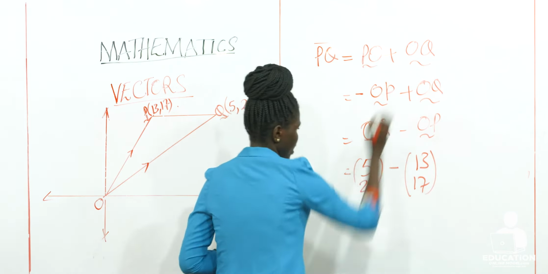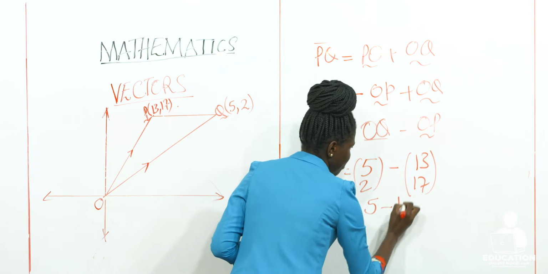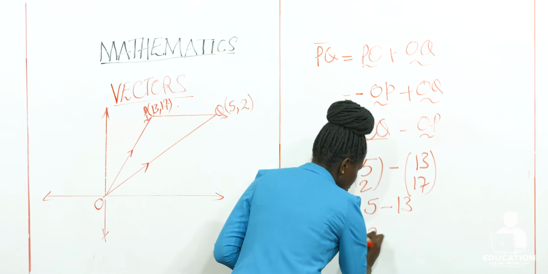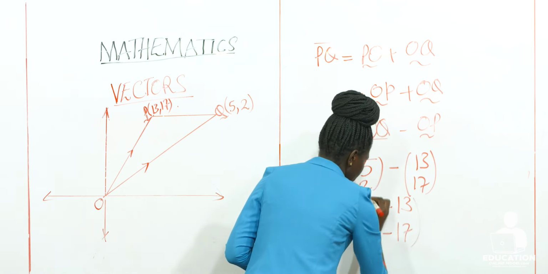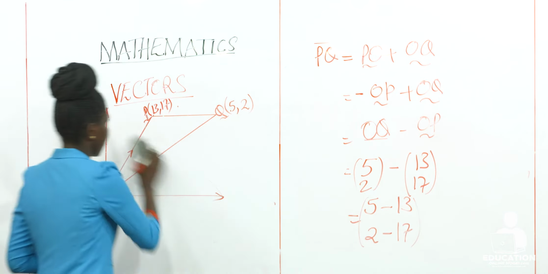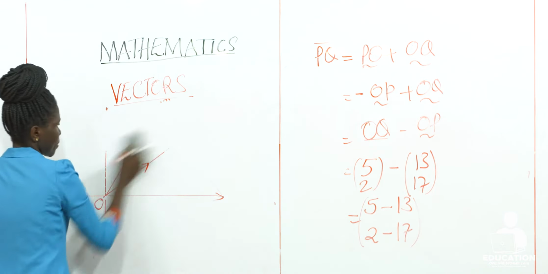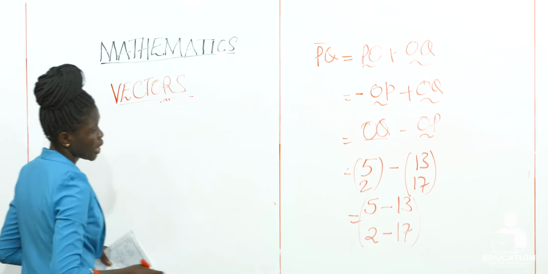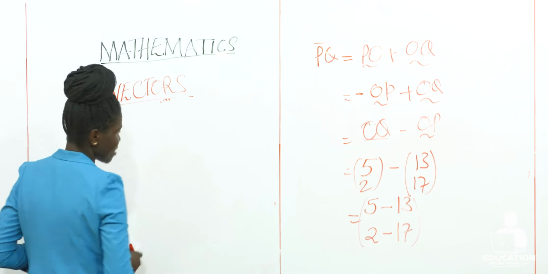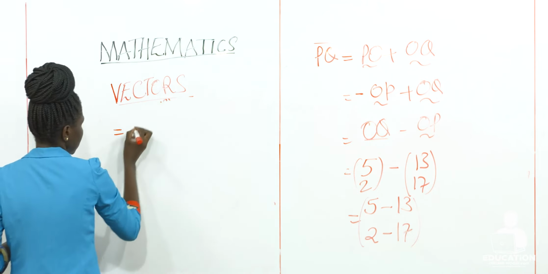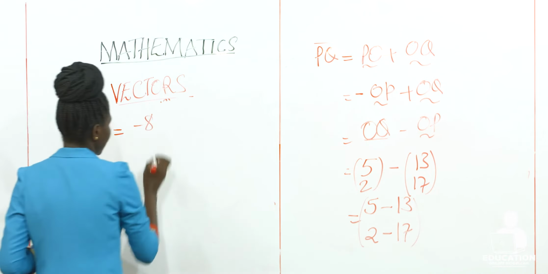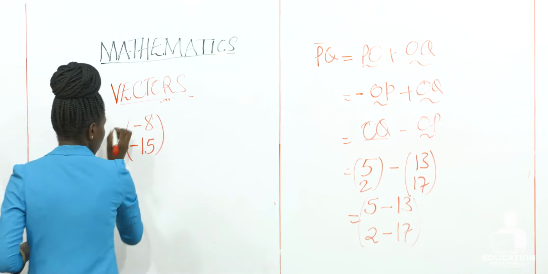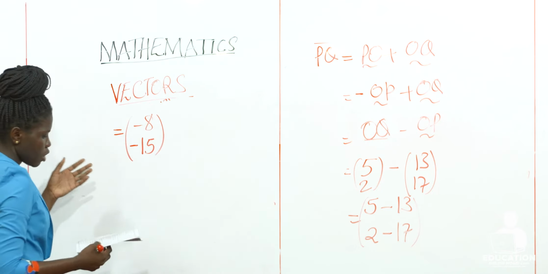So with this, we are going to say it is 5 minus 13. Then this is 2 minus 17. Now we are saying 5 minus 13 will give us negative 8. And 2 minus 17 will give us negative 15. So this is going to be our value for this movement.